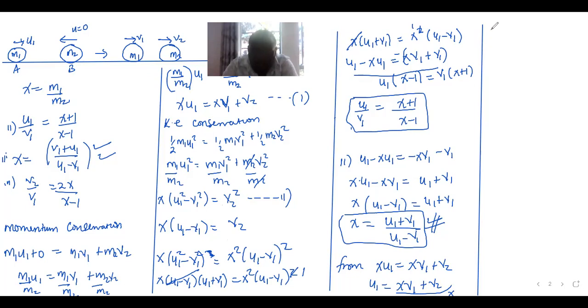From energy, we have seen X into U1 squared minus V2 squared, U1 squared is equal to V2 squared.